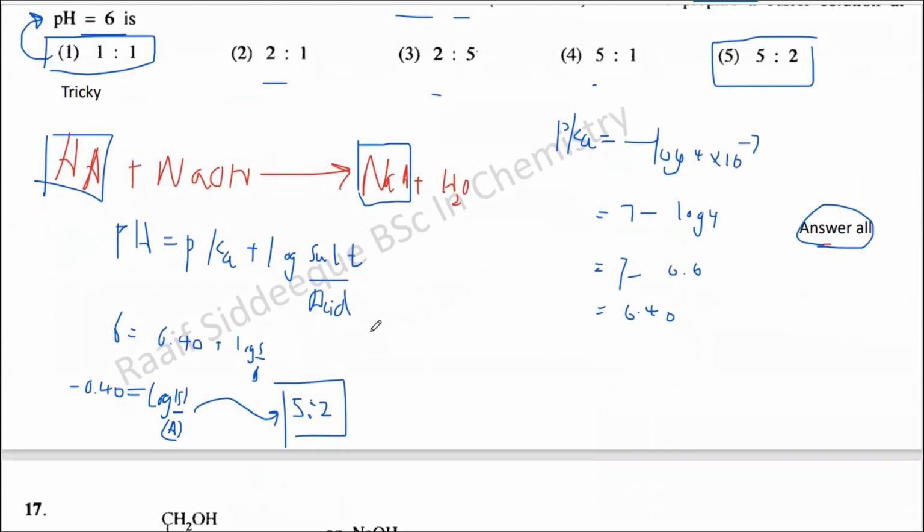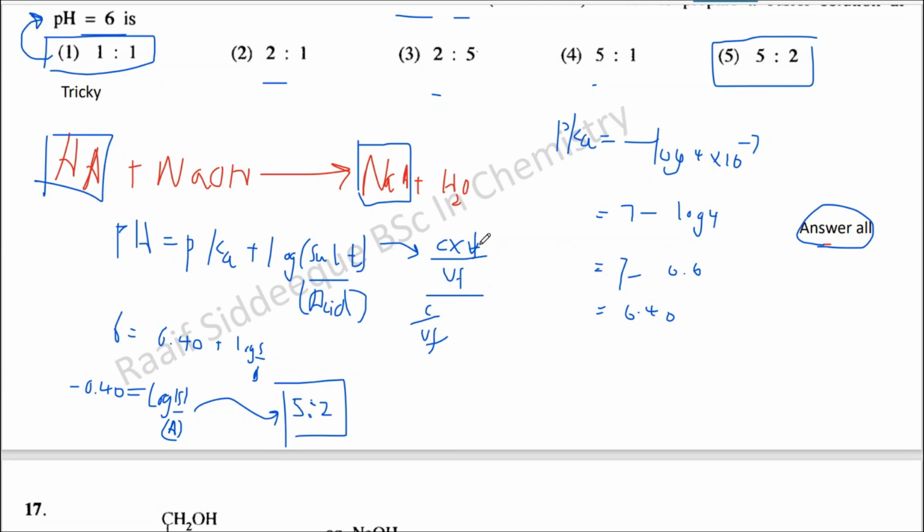But in this equation, the salt concentration over acid concentration comes from the moles of salt formed divided by the final volume, over the moles of acid remaining divided by the final volume.